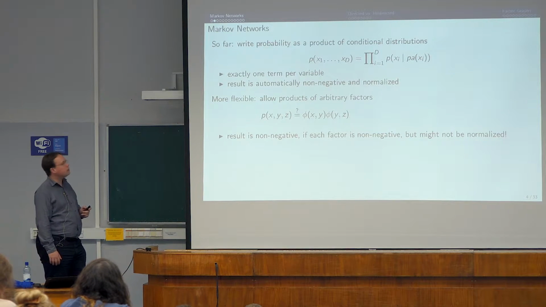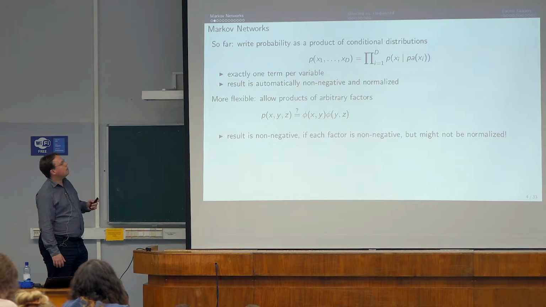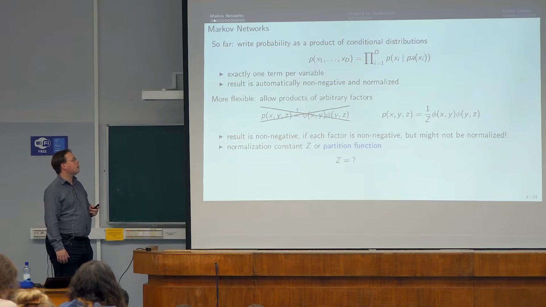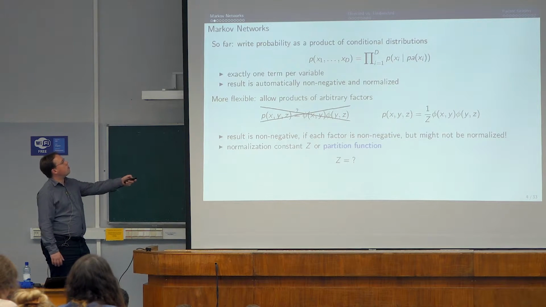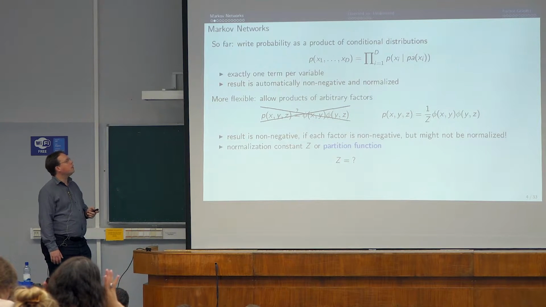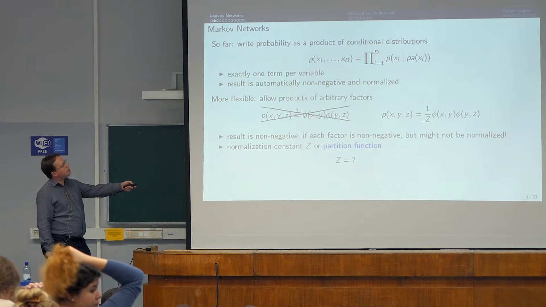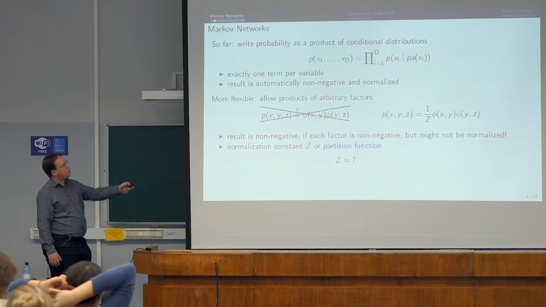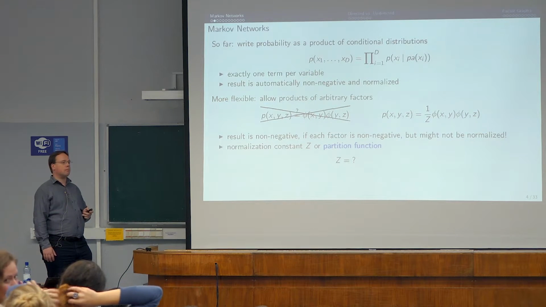Probabilities should have that property. But the result might not be normalized, in the sense that it doesn't sum up to 1. So we will not be able to model our probabilities as just the product of a set of functions, but we will need to put a normalizing constant in front of them, such that in the end, the sum over all configurations has to be 1. Okay?